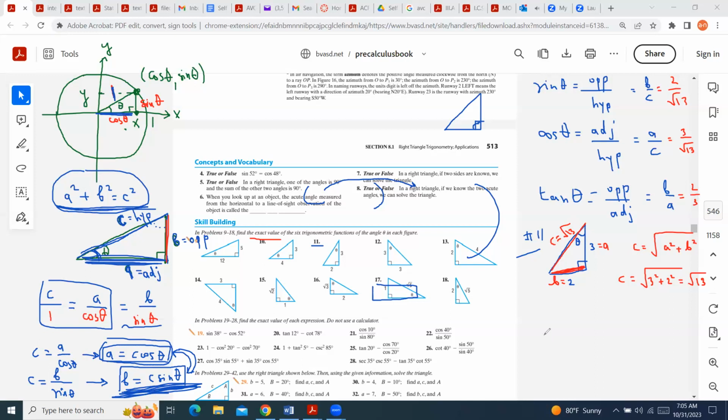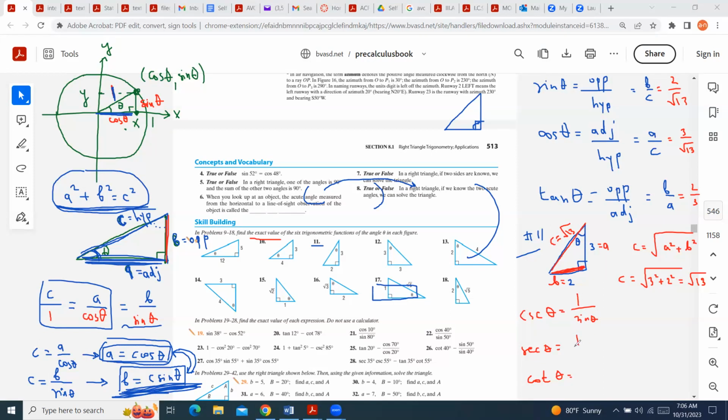They mentioned the other three, such as cosecant, secant, and cotangent. I'll find them once, but it's kind of a waste of time, because all you have to do is recall the fact that they're reciprocals, right? Cosecant is the reciprocal of sine.